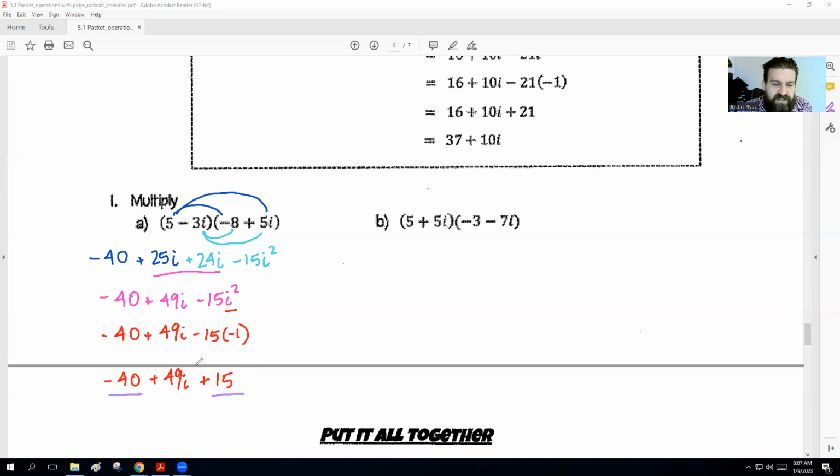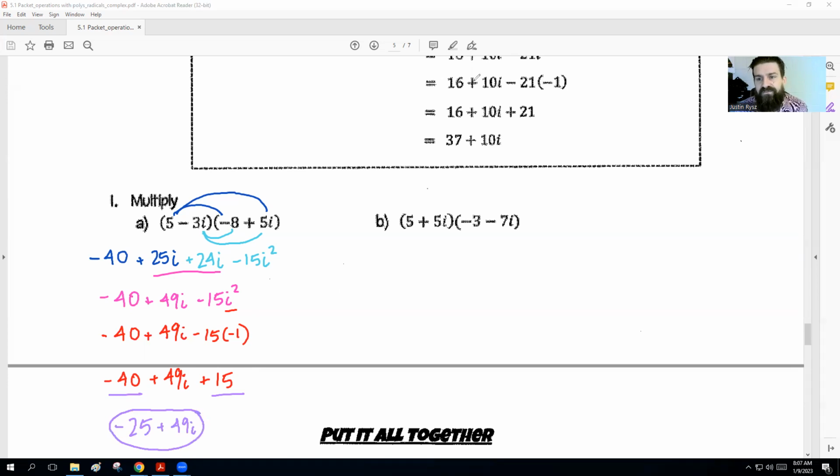Put those numbers first because they're not imaginary. This is where we can have imaginary times imaginary becomes real. That's the whole purpose behind imaginary numbers. They can become real later on. All right, so negative 40 plus 15 is a negative 25. And we got 49i.